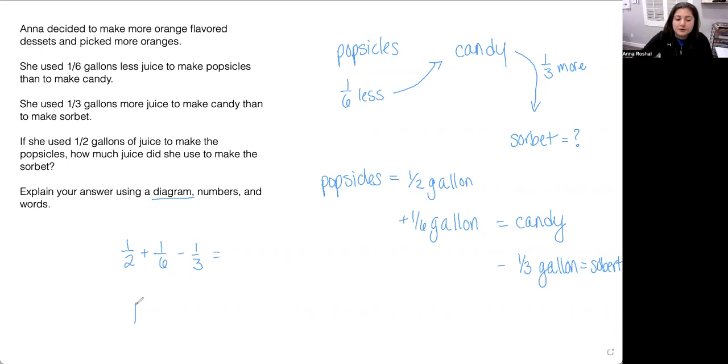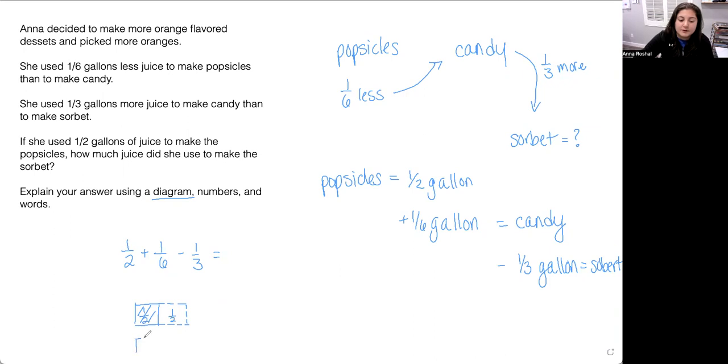In order to show the diagram, I'm going to show this is a 1/2 gallon. Actually, I'm just going to do this, and then I'm going to make like these little marks to show that. Okay. So this is my 1/2 gallon for popsicles, right? This is also 1/2.